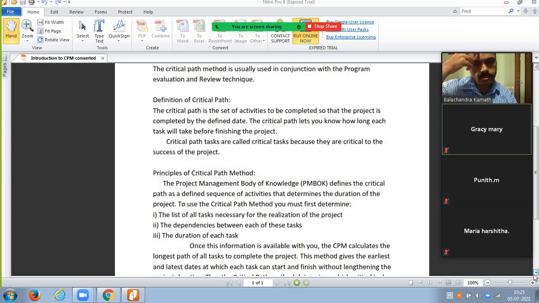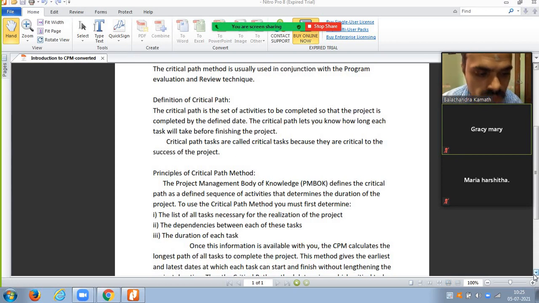Let's say, for example, one path gives... we'll discuss how we draw the network diagram in future classes. When we draw a network diagram, we get two paths to complete the project. But the longest path gets completed in, say, 5 months, or 5 into 30, 150 days.